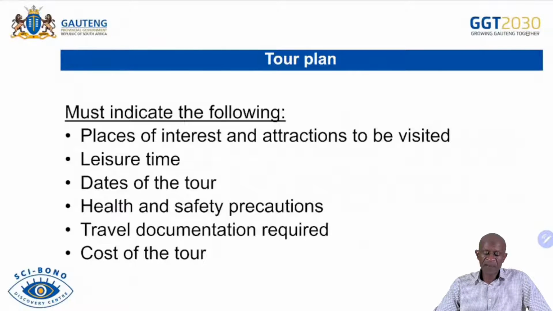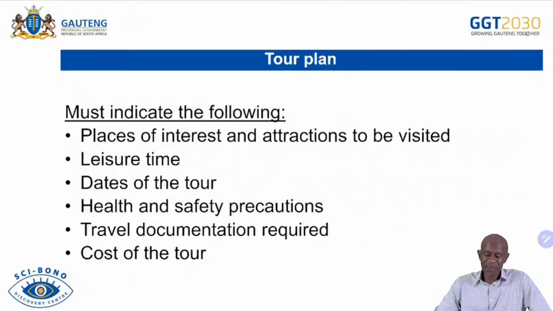An itinerary must further indicate the following aspects: places of interest and attractions to be visited, the leisure time, the dates of the tour, health and safety precautions, travel documentation, depending on where you're visiting, as well as the cost for the tour.